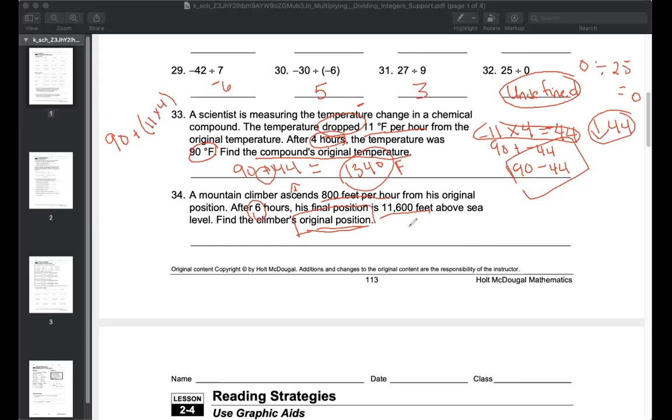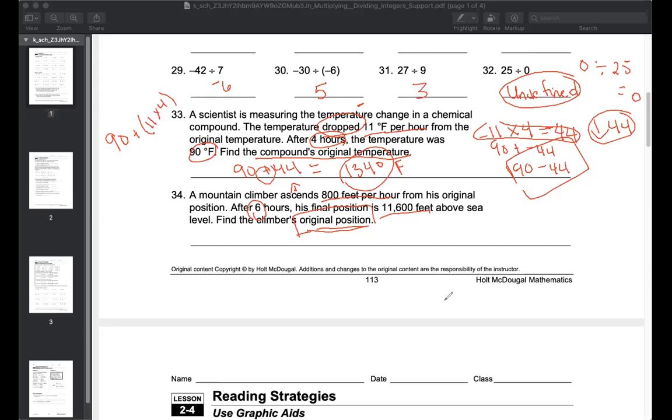What's his final position? 11,600 feet. And it says that he's going up 800 feet per hour. So what do I need to do? 800 times 6 hours.